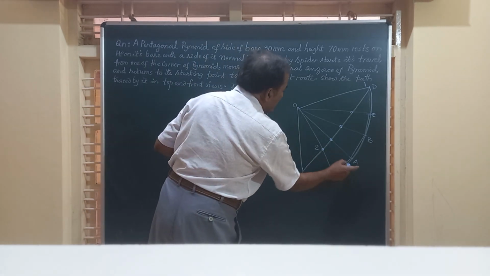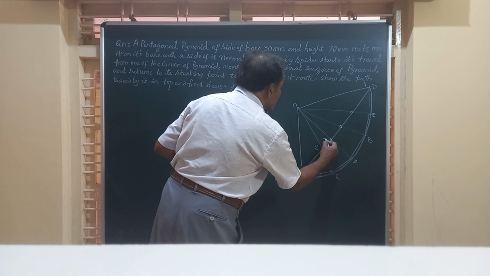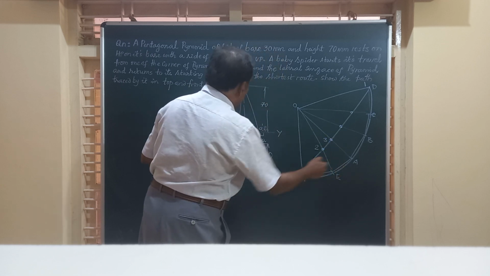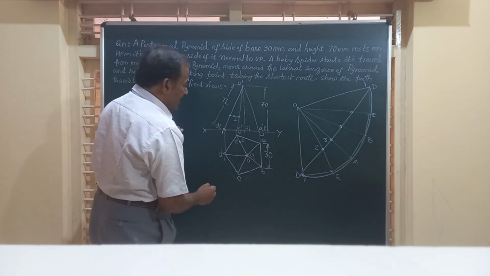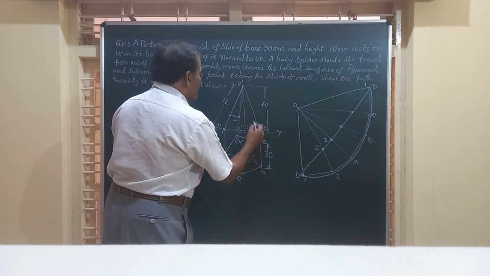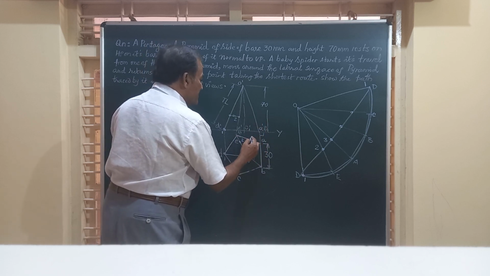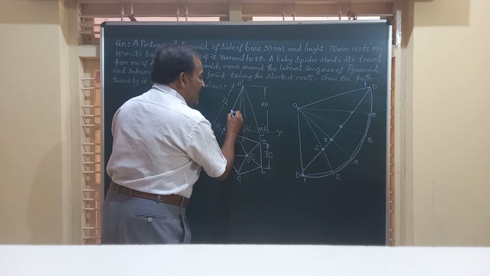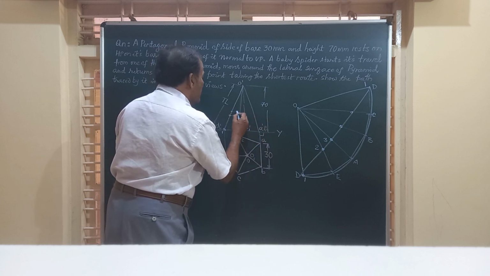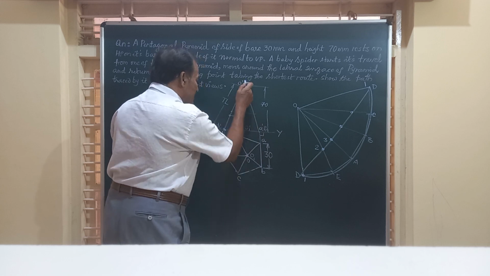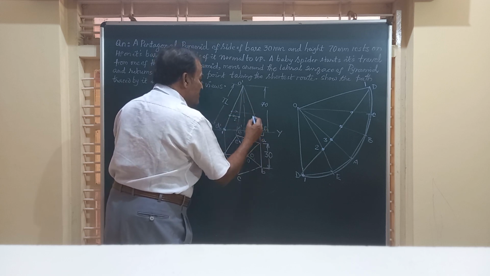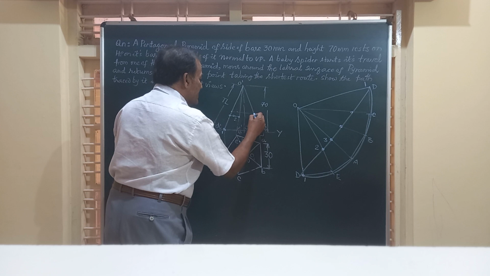So on OA, mark this distance 3 to A on OA. So from here, friends, OA is also not the true length. So I am going to mark the distance here. Shift that to OA. The true length is marked on this, then that is transferred to the true length line.